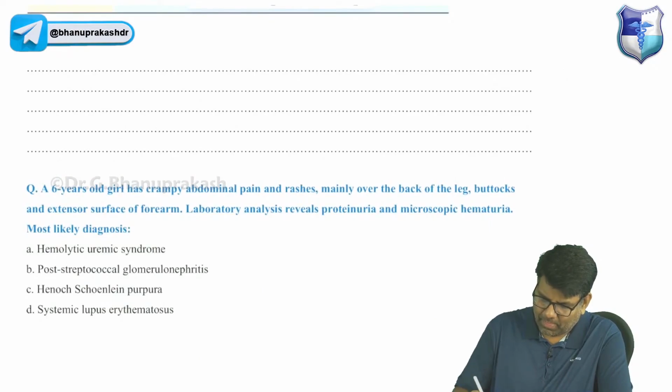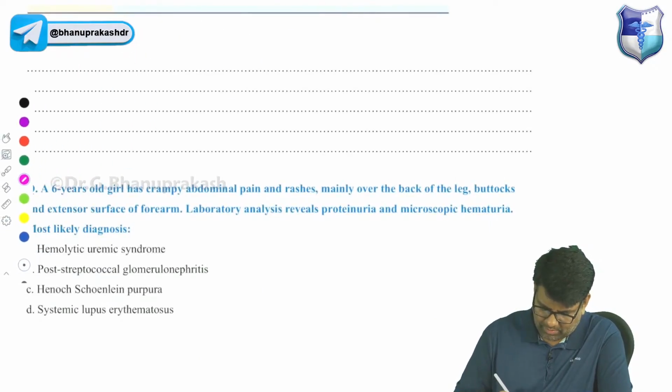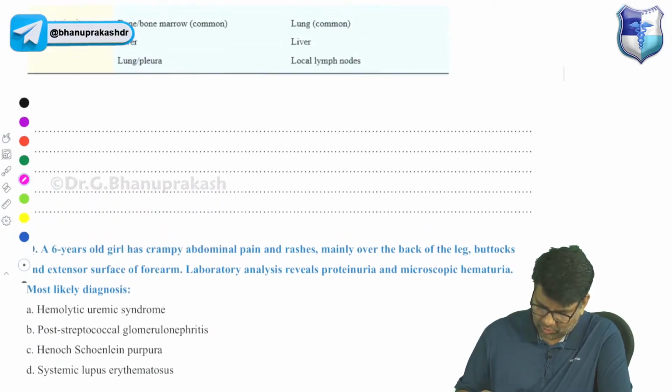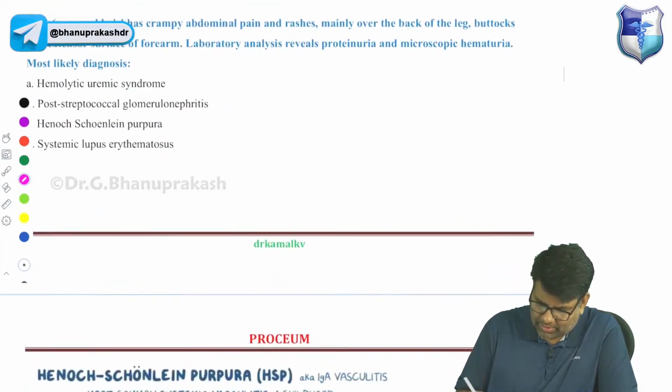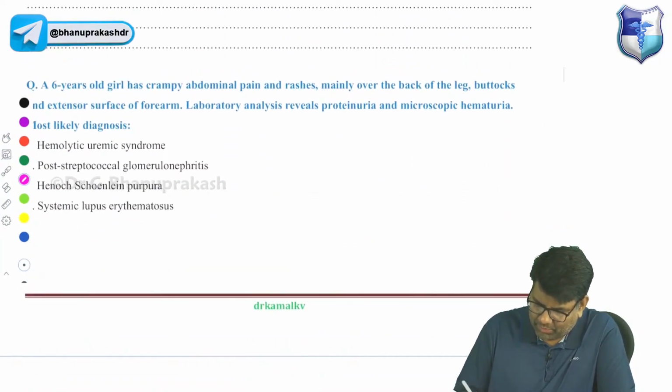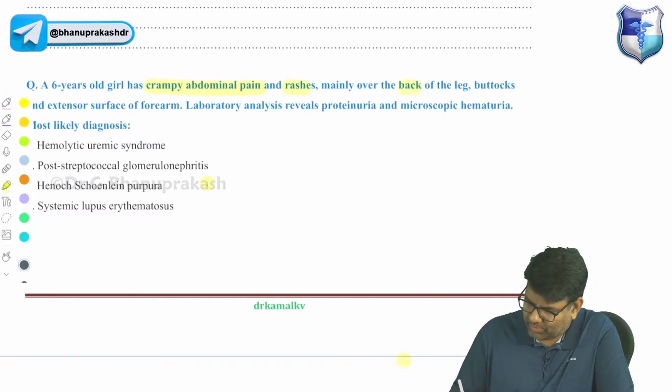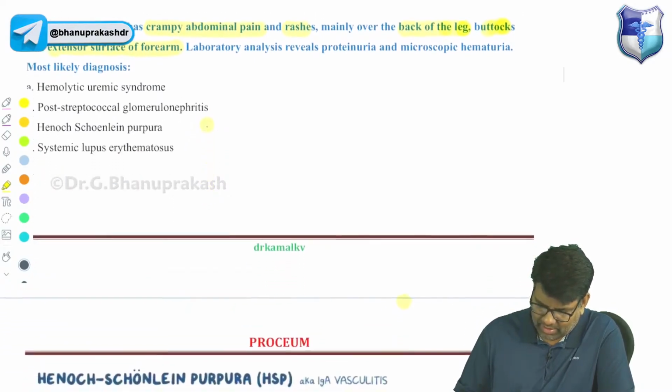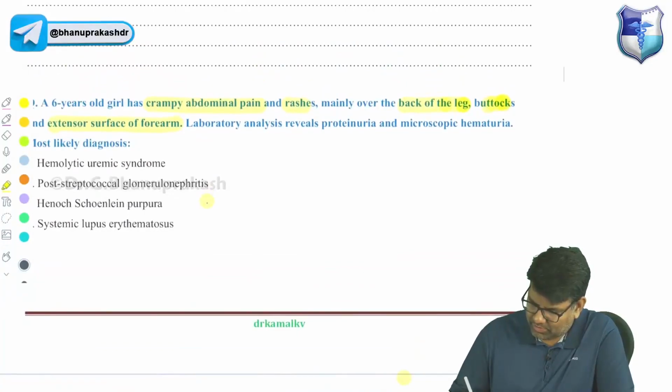Next question. A 6-year-old child is having crampy abdominal pain, with rashes mainly over the back of the leg, buttocks and extensor surface of the forearm, and laboratory reveals proteinuria with microscopic hematuria.